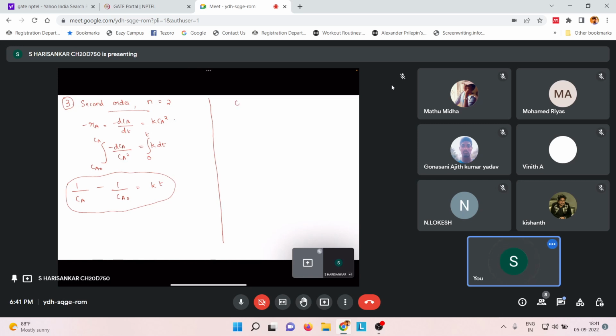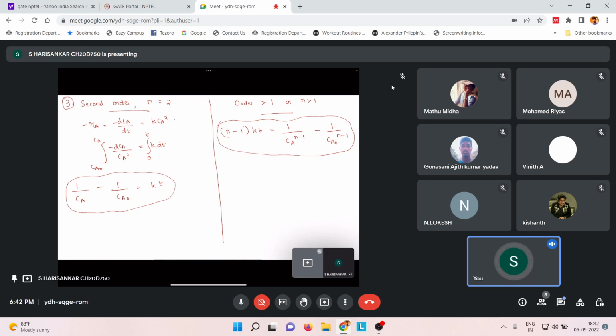So for order greater than 1, or n greater than 1, we have a general formula which will be n minus 1 kt is equal to 1 by Ca raised to n minus 1 minus 1 by Ca0 raised to n minus 1. Okay, so this is the general form of any rate equation with order greater than 1.